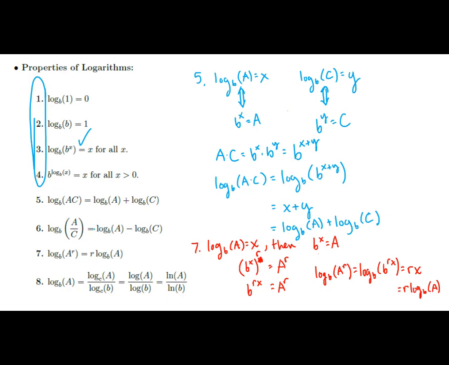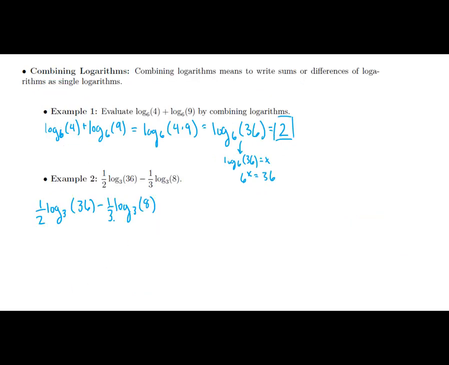Okay, so if there's anything besides 1 in front, we cannot apply this rule. However, number 7 gives us an idea of what to do if we do see coefficients in front. We know that we can bring that factor up into the exponent inside the logarithm. So in both of these, our first step has to be to get rid of the 1/2 and get rid of the 1/3 that are multiplying by our logarithms.